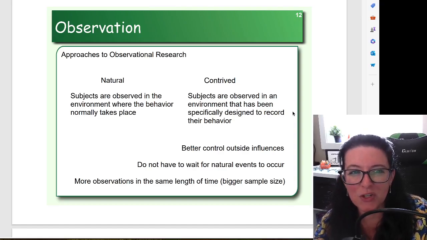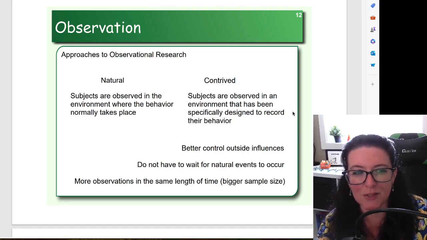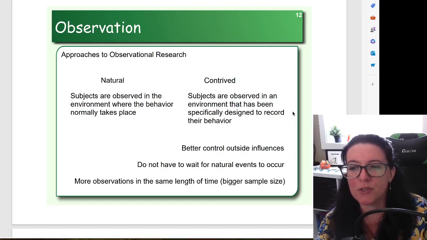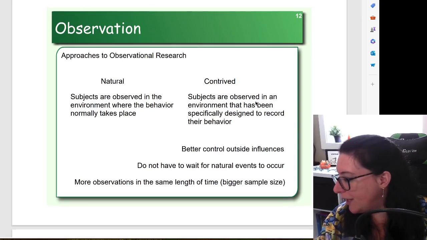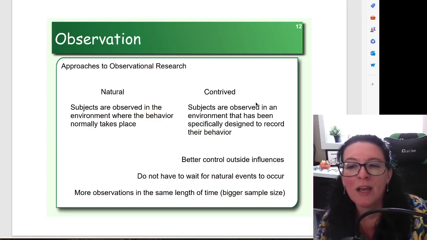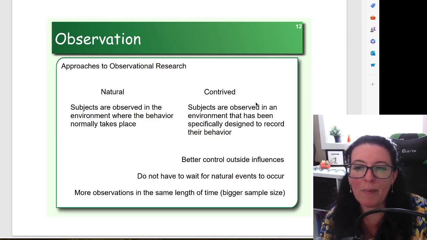The benefit of contrived is that we can better control outside influences. So we can limit things that might distract or cause people to behave differently than they normally would by simplifying it to just the part we care about. The downside, of course, is because it's not natural, people may not behave the way they would in real life.